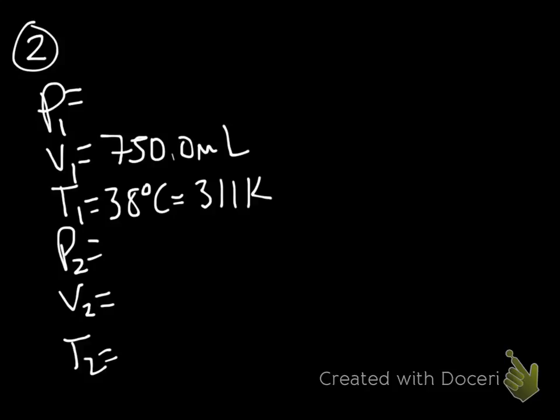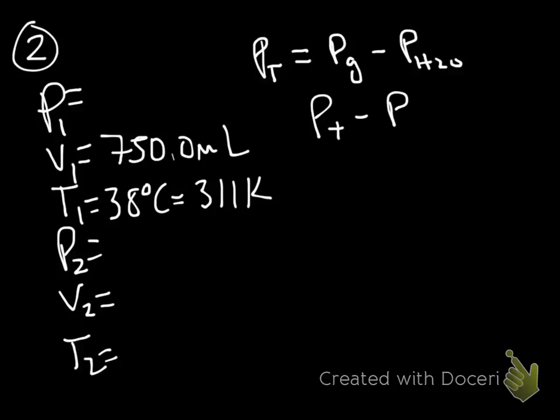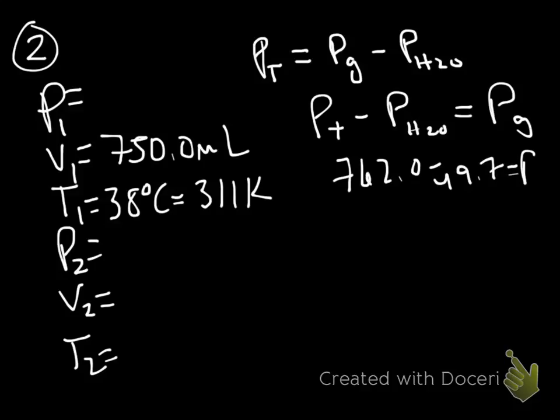Our initial pressure is something that we're going to have to figure out, because P total is equal to the pressure of our gas plus the water vapor at 38. So P total minus PH2O is the pressure of our gas, and that's 762.0 minus 49.7.